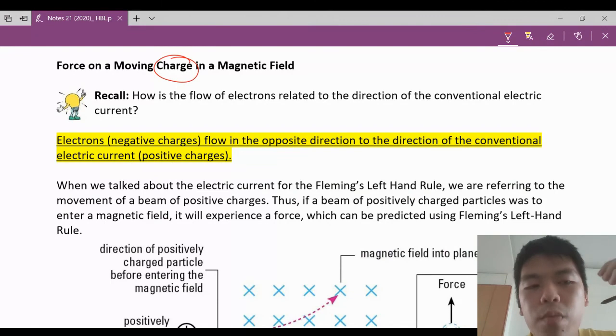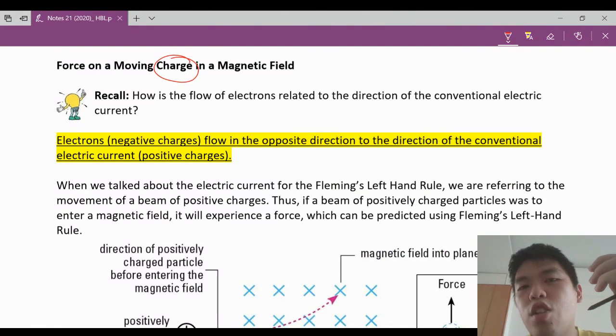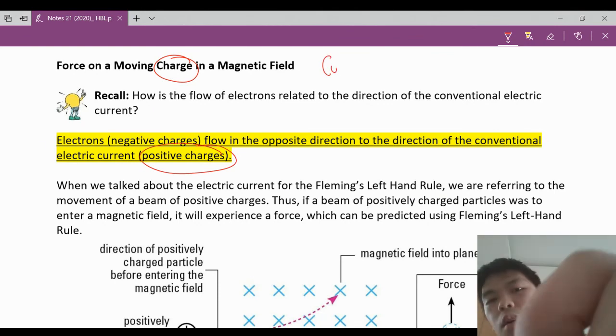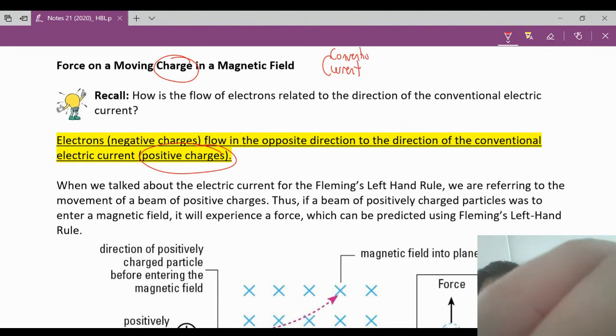Now recall that when we talk about a conventional electric current, we are always talking about positive charges. So when we talk about current or conventional current, we are always talking about positive charges.